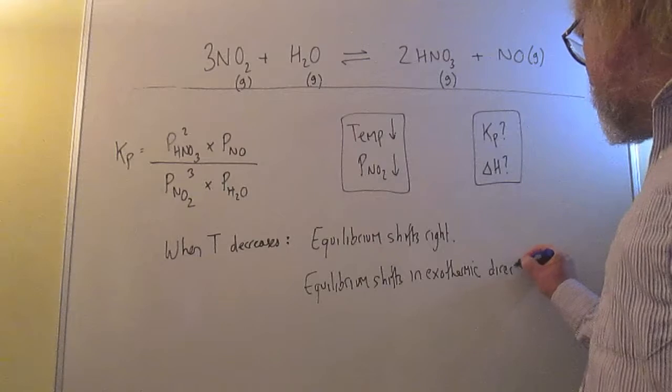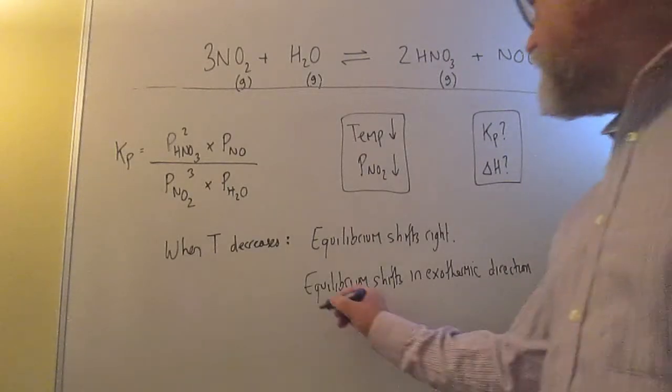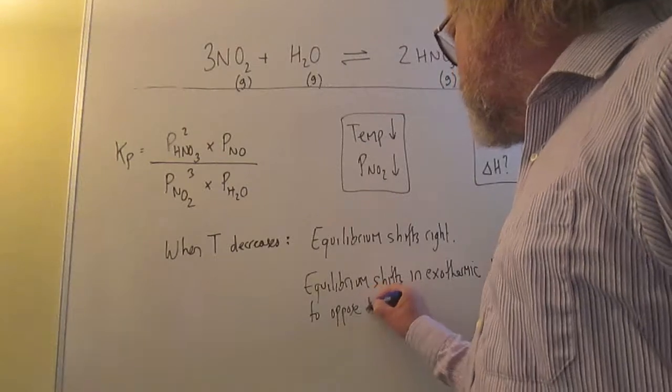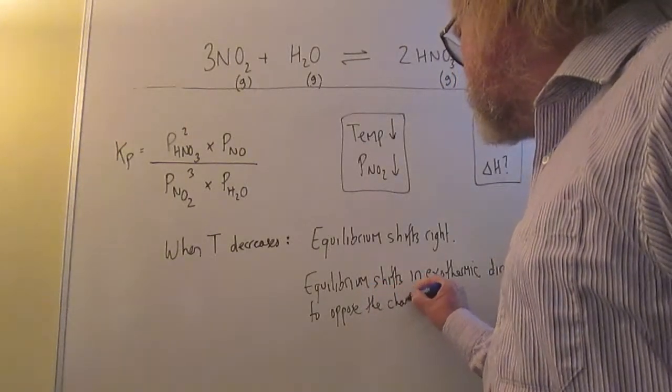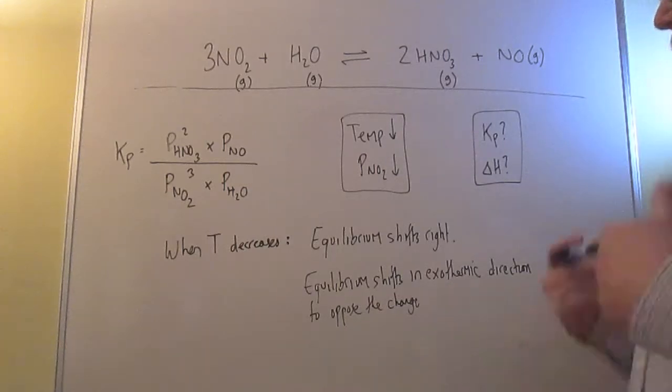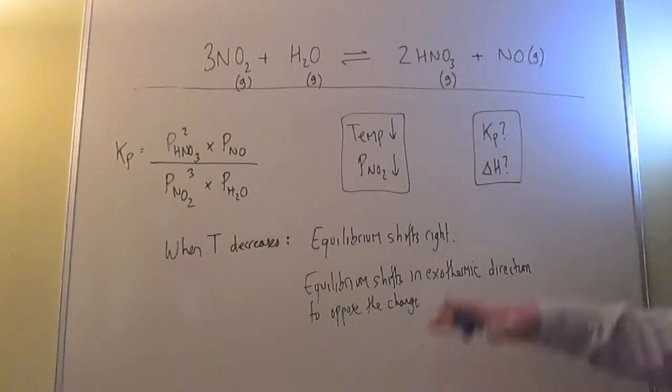And if you just put in that little clause, to oppose the change, that makes it clear that you've thought about it and you haven't just memorised that temperature decrease shifts it in the exothermic direction, but that you've related that to Le Chatelier's principle.